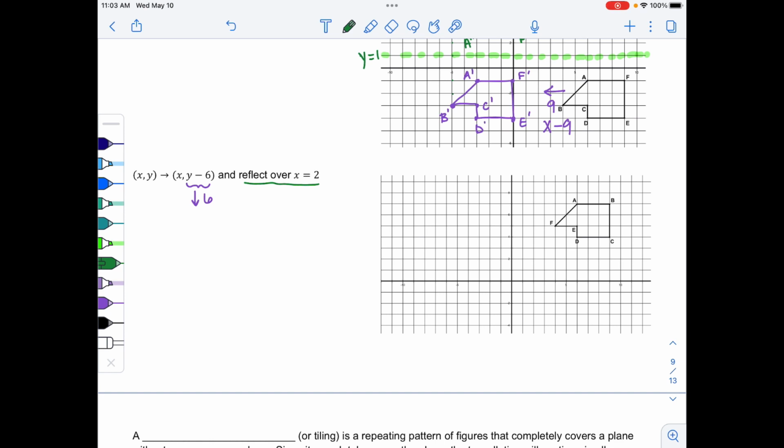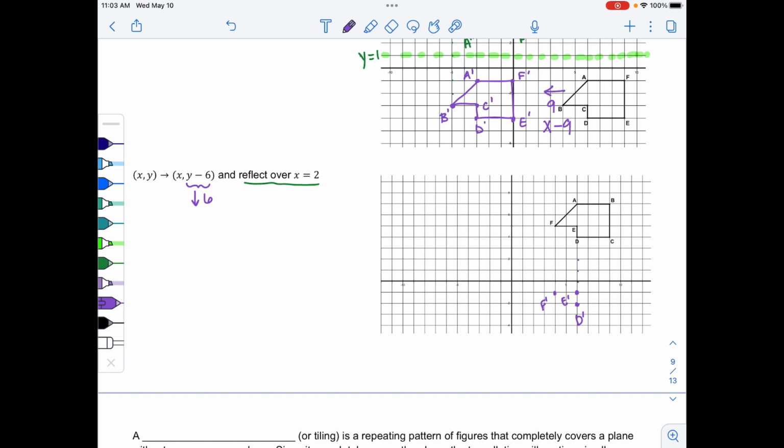Okay, so take each point in your original image, your pre-image, excuse me, to make your first image as a slide down 6. Okay, so 1, 2, 3, 4, 5, 6. Here's D prime. Here's E prime. This is F prime.